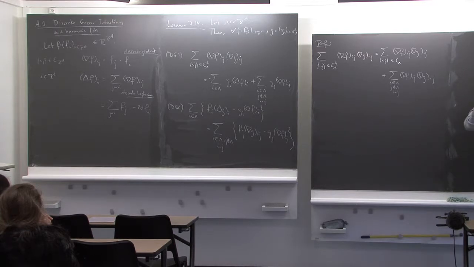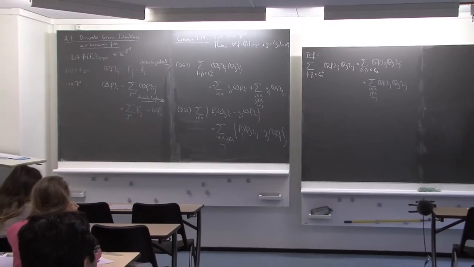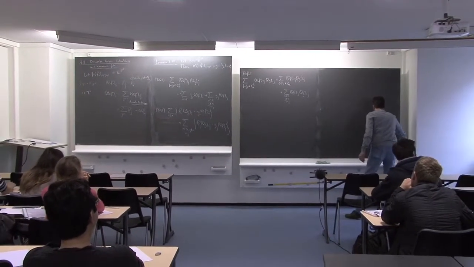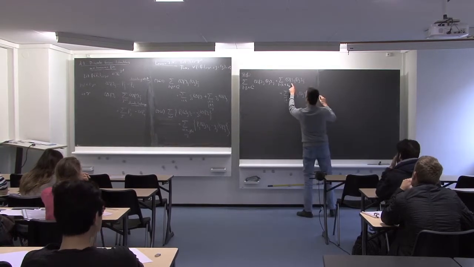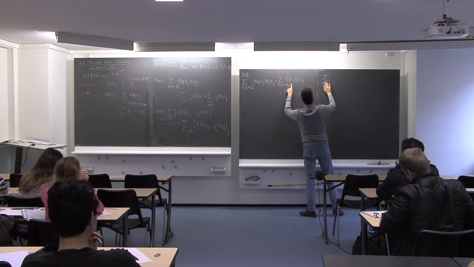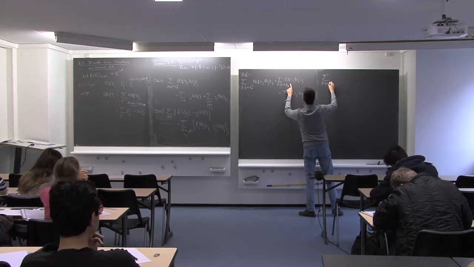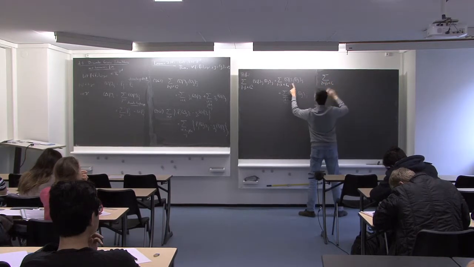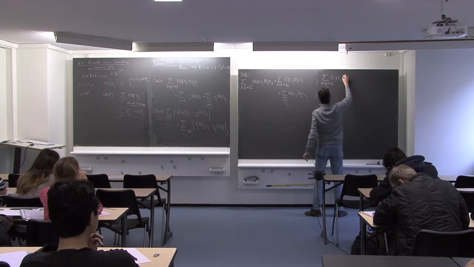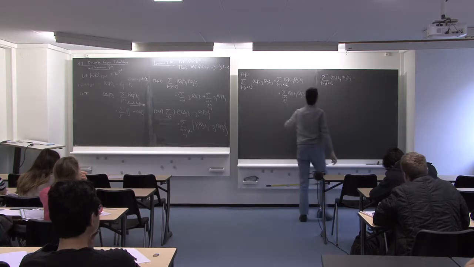I continue the computation here, but I will return here later. So let me focus a little bit on this guy. That's the sum over all ij edges of lambda, gradient f ij, gradient g ij. And let's see what we can say about this.